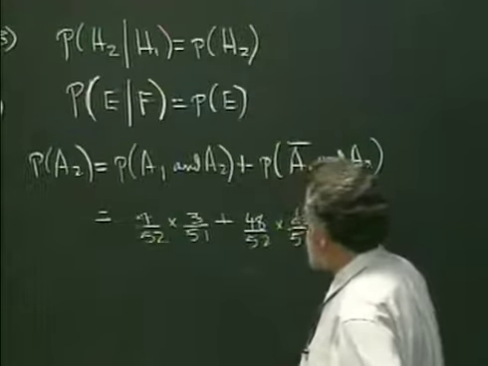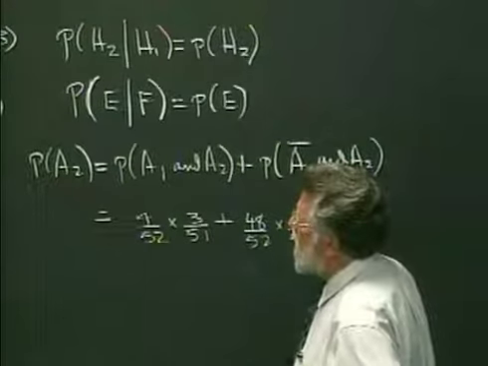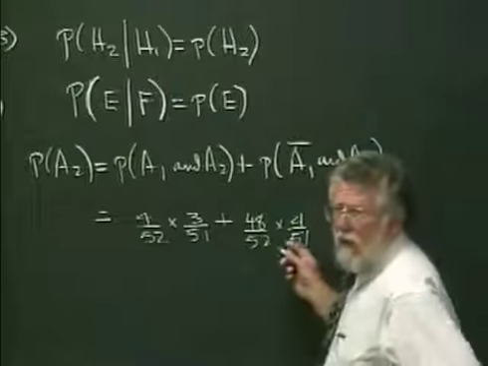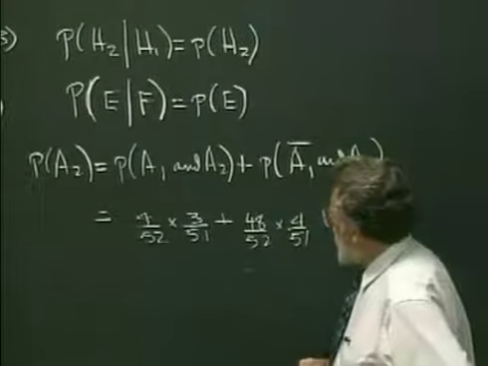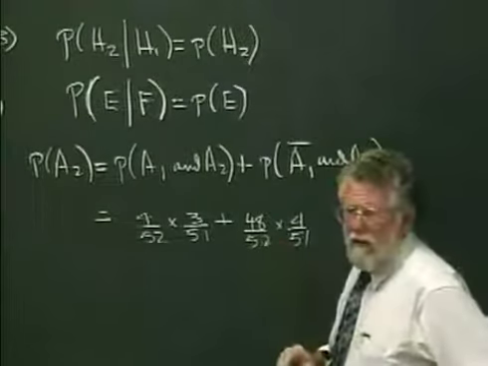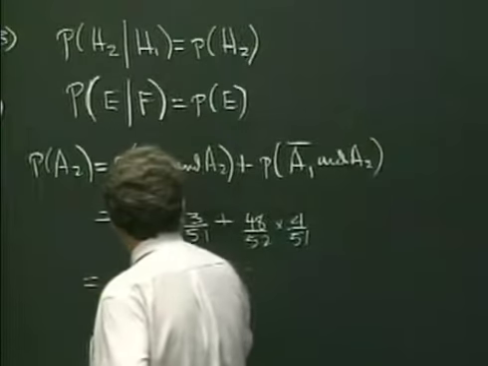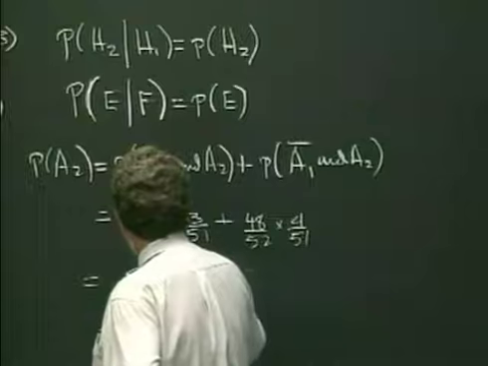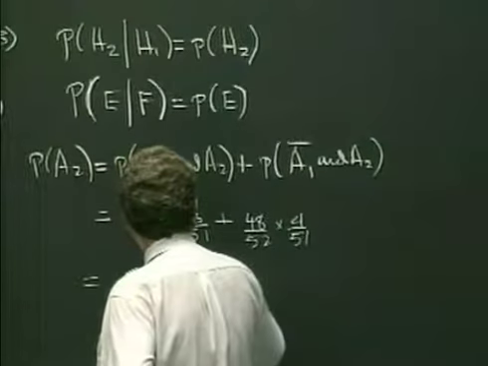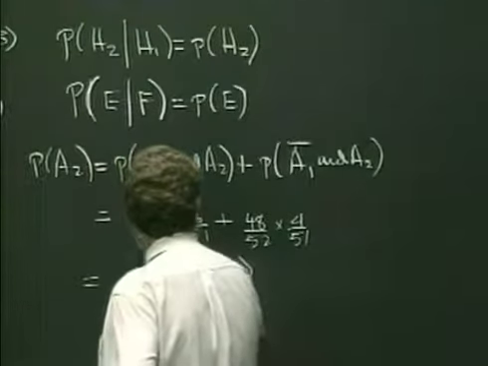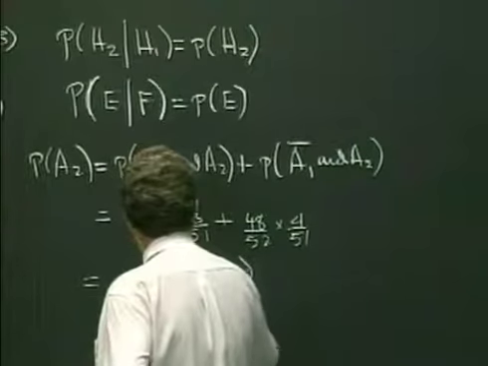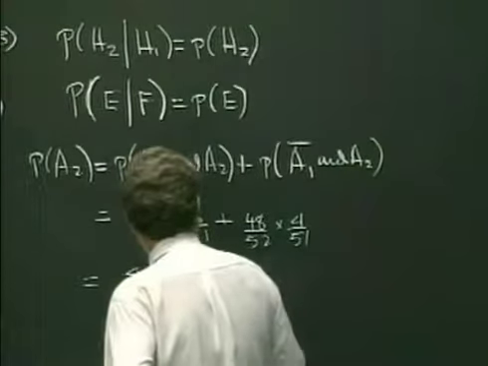Now we have a common denominator, correct? 52 over 51. So I can go ahead and say this now is 4 times 3 plus 48, factoring out the common 4.